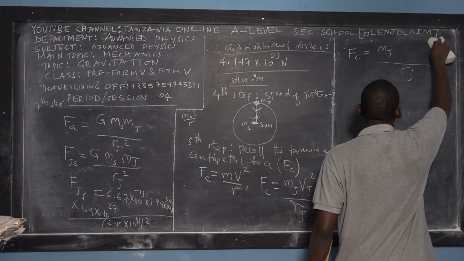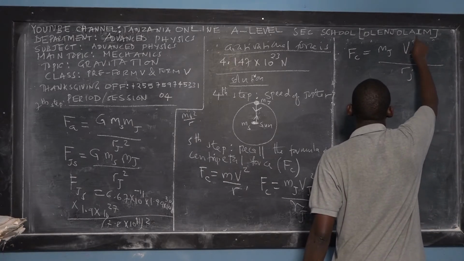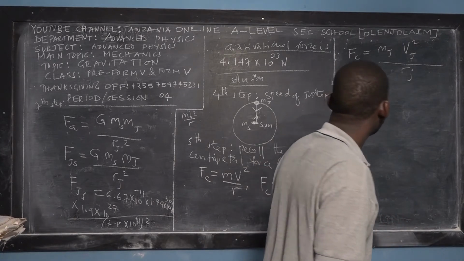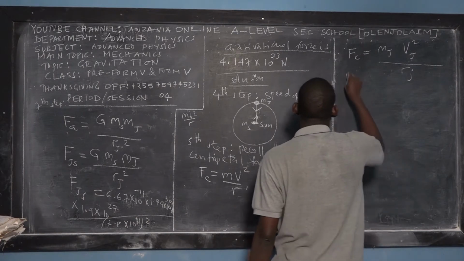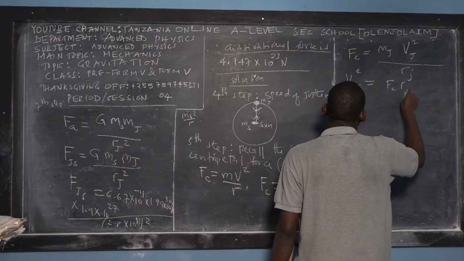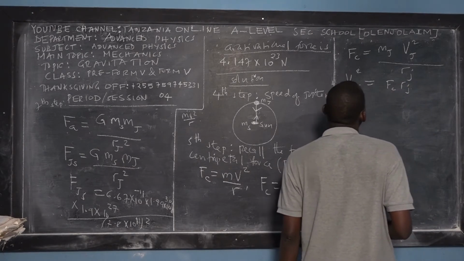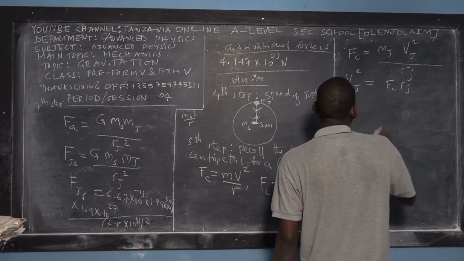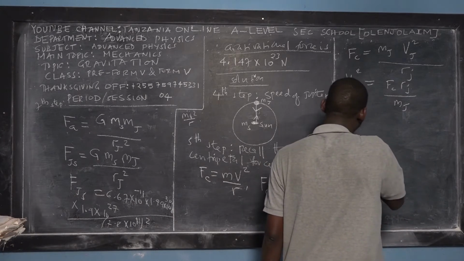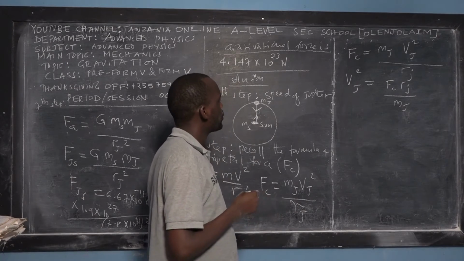So we should not express this linear velocity in terms of angular velocity. We are looking for the speed. So because we are looking for the speed, we make the speed the subject, equal to the square root of centripetal force times radius of the Jupiter, over mass of Jupiter. Okay?